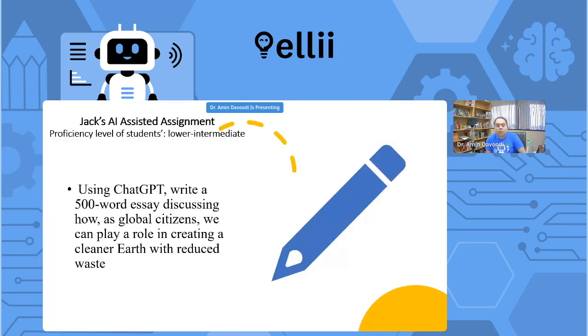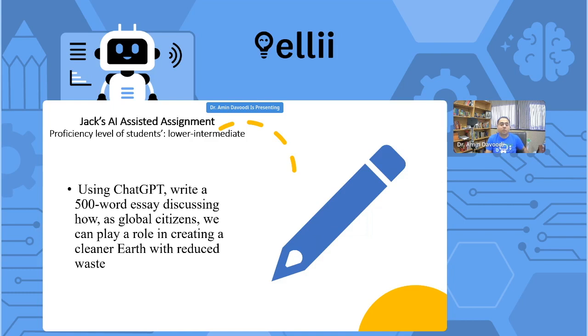This is one of the assignments that the same teacher created. And based on that experience, he's arguing that artificial intelligence and ChatGPT can promote laziness, and it can promote cheating and plagiarism and stuff like that. As you can see here, the assignment says, "Using ChatGPT, write a 500-word essay discussing how, as global citizens, we can play a role in creating a cleaner Earth with reduced waste."